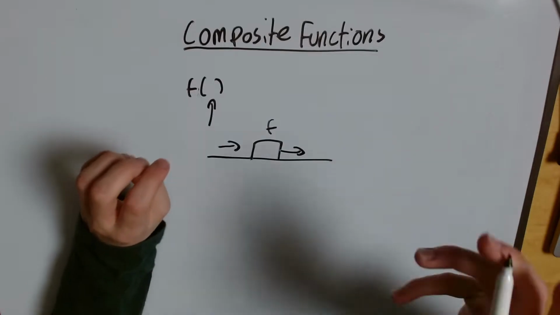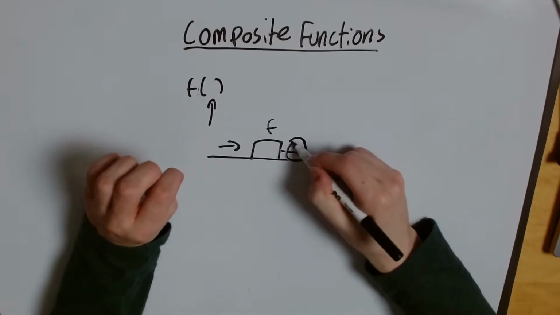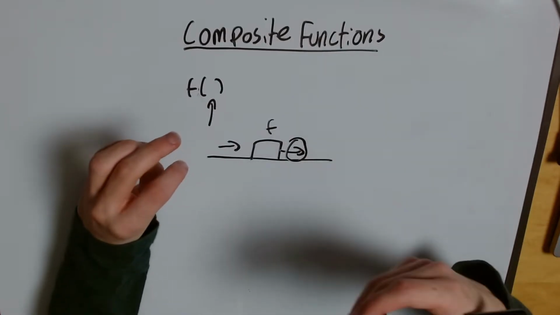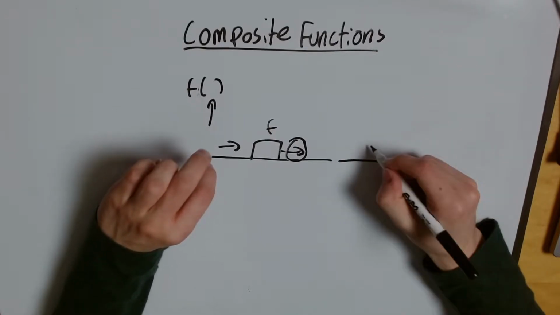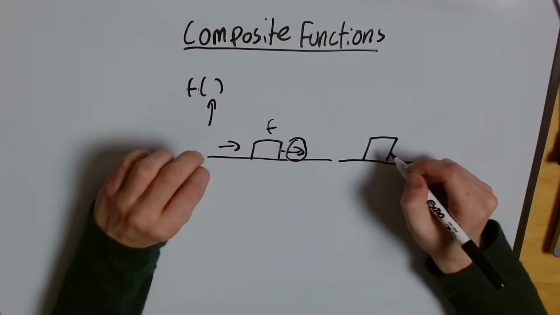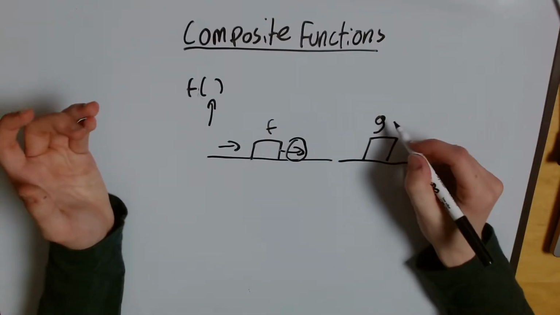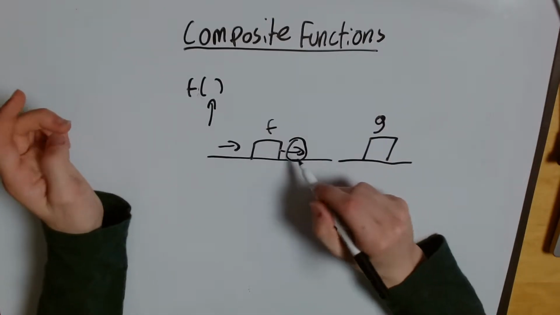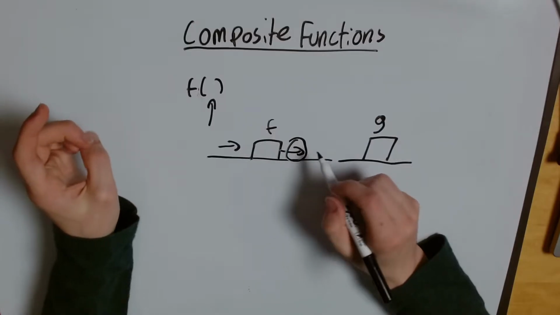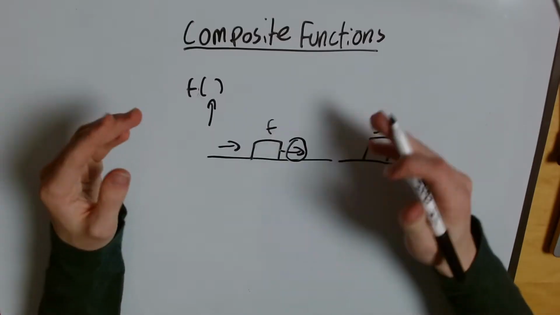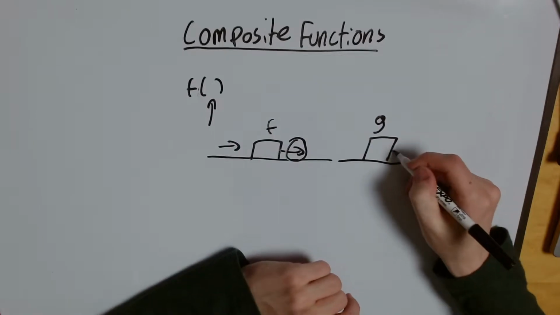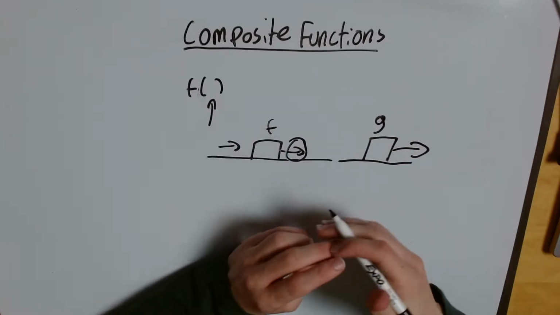Well, function composition says, what if I take this modified object and pass it into another function, another machine? Let's say g. It takes this already modified object and performs another type of modification on it, and then outputs the further modified version.